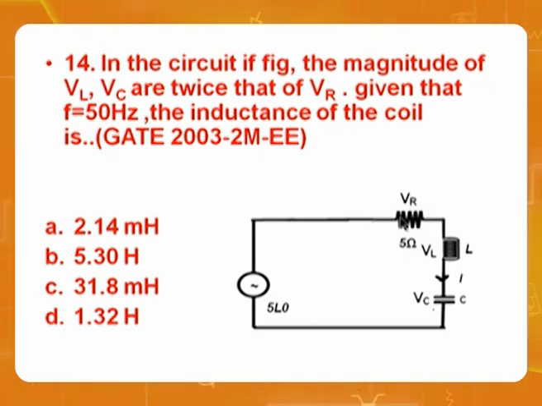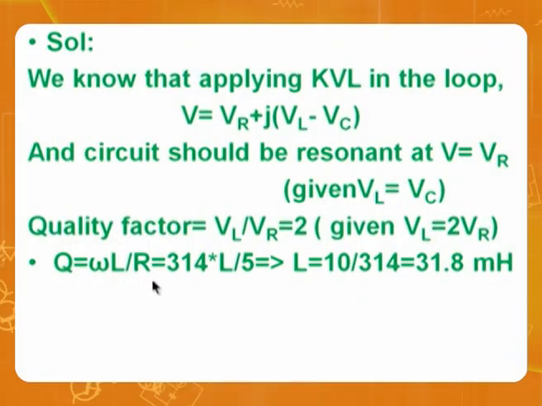If this is 5 volts, he is asking for the inductance, then I would say inductance should be how much? Twice of 5, 10. From 10 you can calculate omega L is equal to 10. Calculate L. That's what the solution is going to be. Option is C. Look here, 2 times, as I told you, it is 2 times, and you can say omega L.